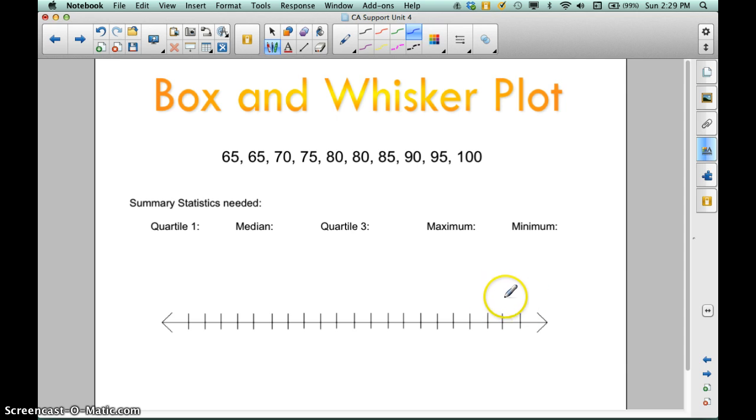So when you have a number line, and you need one to look at a box and whisker plot, we need to decide what numbers we need to have included, because numbering this from like -10 to +10 won't do us any good. Look at our data. Our data is between 65 and 100. So we probably want to start a little smaller than 65, and we want to make sure we have enough room on our number line to get at least to 100, maybe a little bit over, just to leave some room.